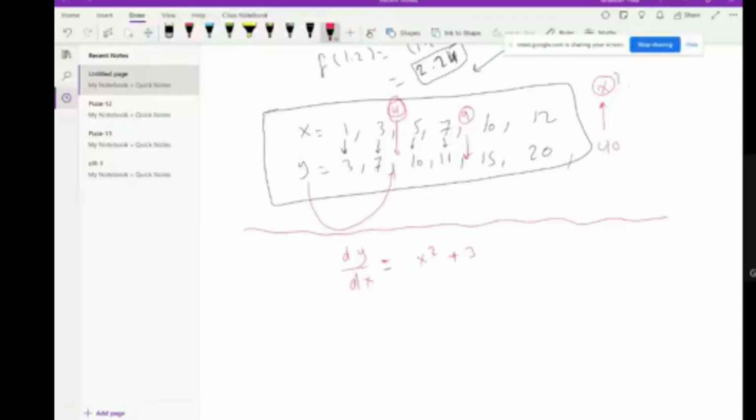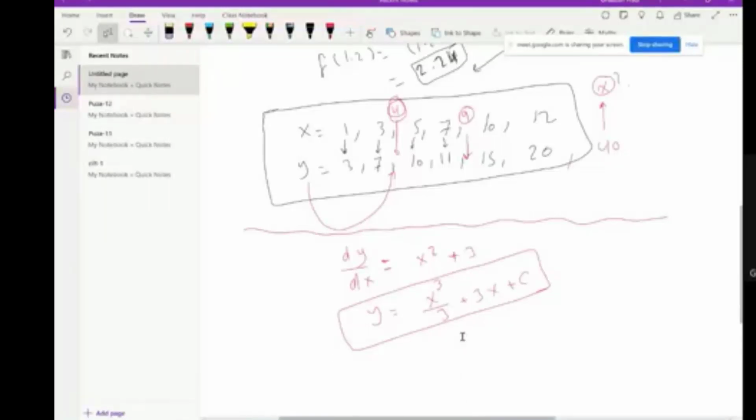It will be easy. y equals x to the power of 3 over 3 plus 3x plus c. Is that true? This is integration. I think you took it last year in mathematics. Yes, yes, doctor. Good.